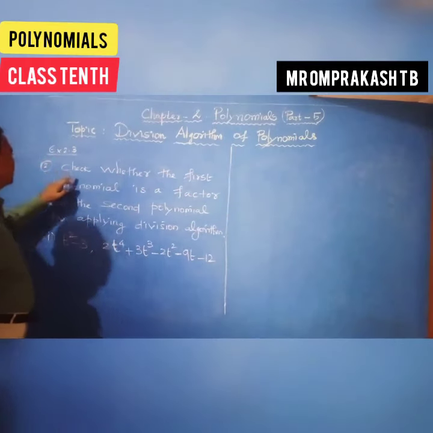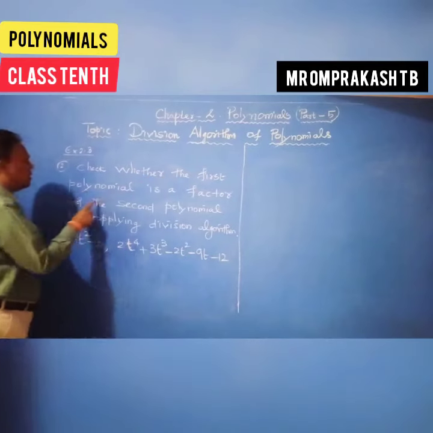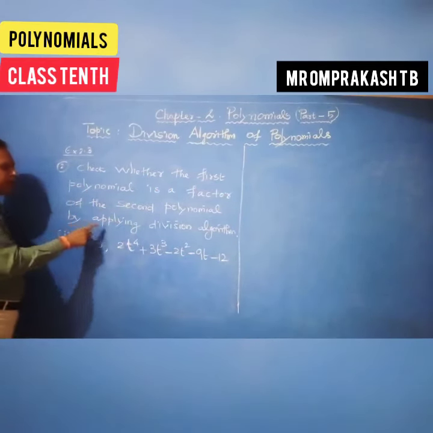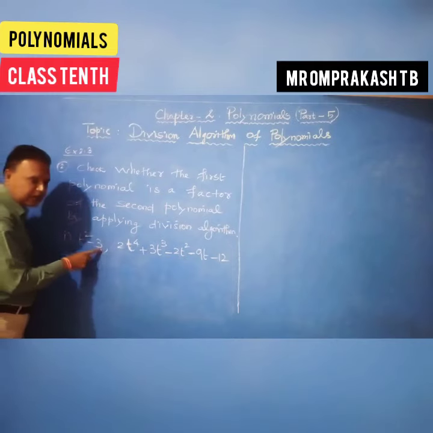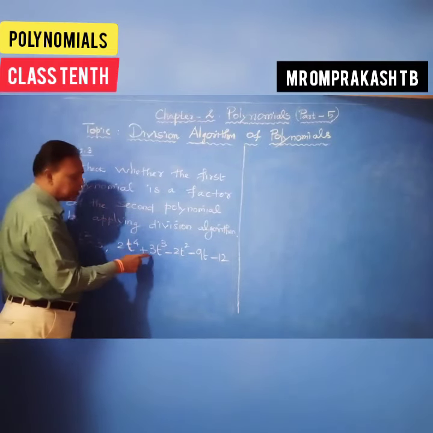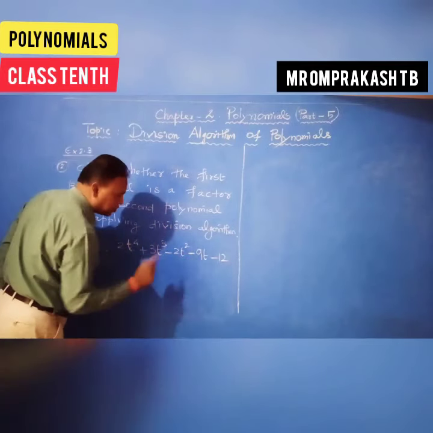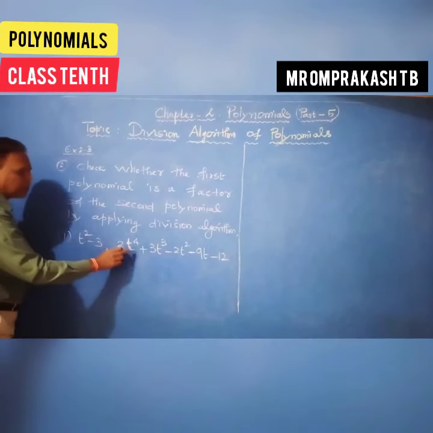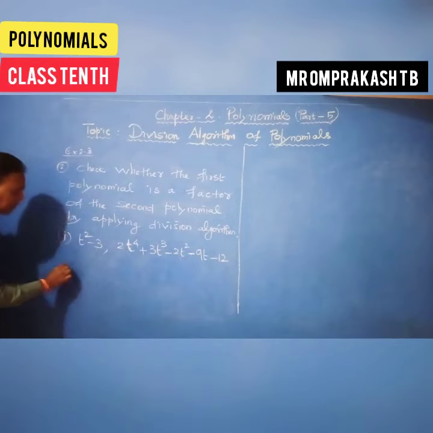So next problem, second problem: check whether the first polynomial is a factor of the second polynomial by applying the division algorithm. See here, first division: t squared minus 3, and 2t power 4 plus 3t cube minus 2t squared minus 9t minus 12 is given. So always the highest degree polynomial, you take it as the dividend.